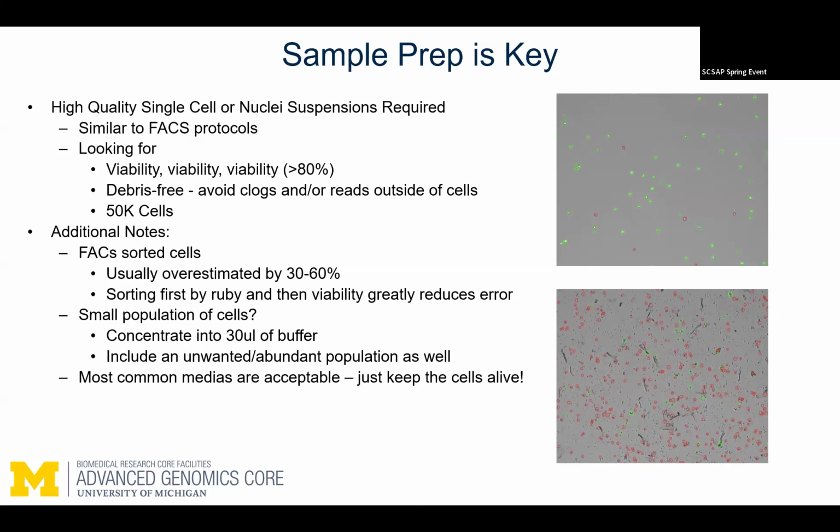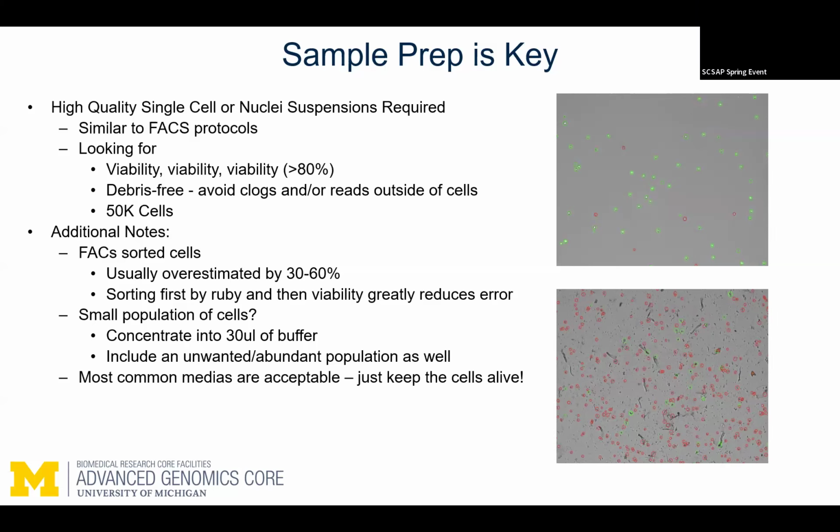And then we're always looking for a high number of cells. A lot of these approaches rely on a certain number of cells dropping out during the process. And so we need to start with quite a few cells, quite honestly. Some things to keep in mind with your sample prep.